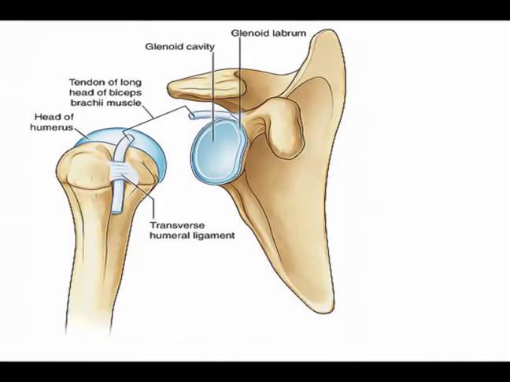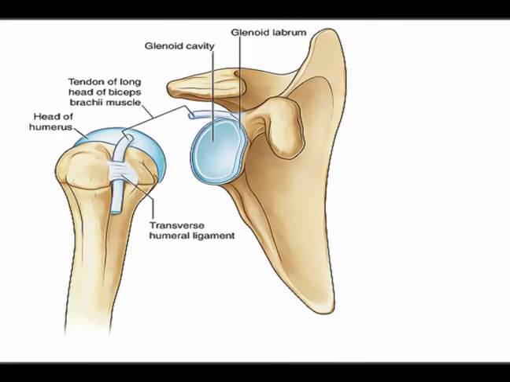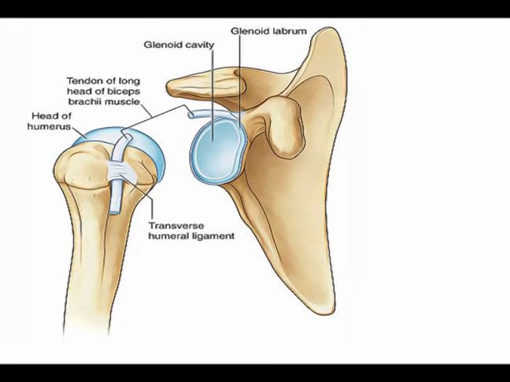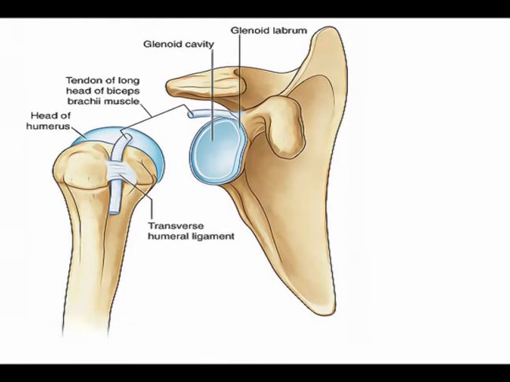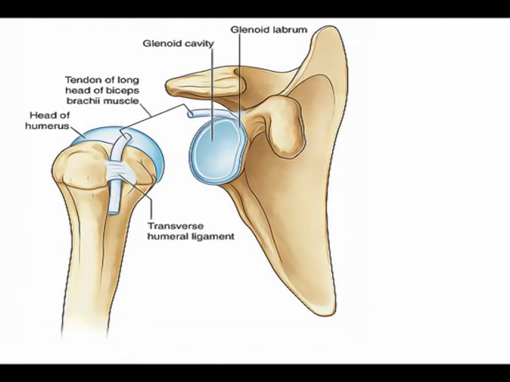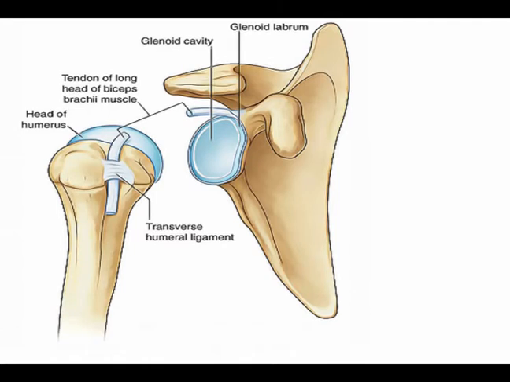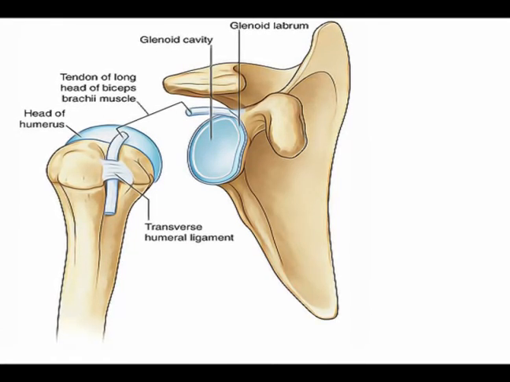They also work as dynamic stabilizers of the glenohumeral joint. The glenohumeral joint is the joint where the humerus, again, which is the upper arm bone, connects to the scapula. The area that it connects to is called the glenoid fossa, or the glenoid cavity. That's where the name glenohumeral joint comes from. So again, these four muscles act as dynamic stabilizers of the glenohumeral joint.